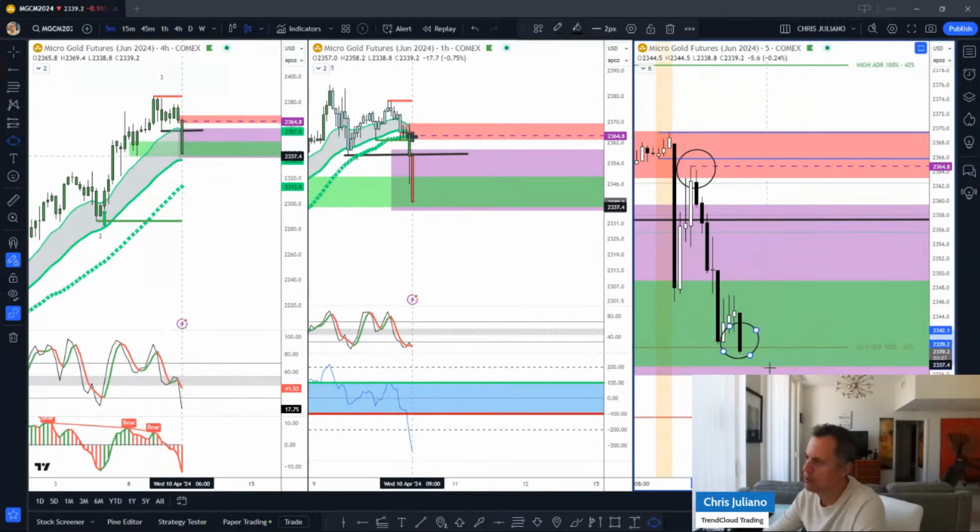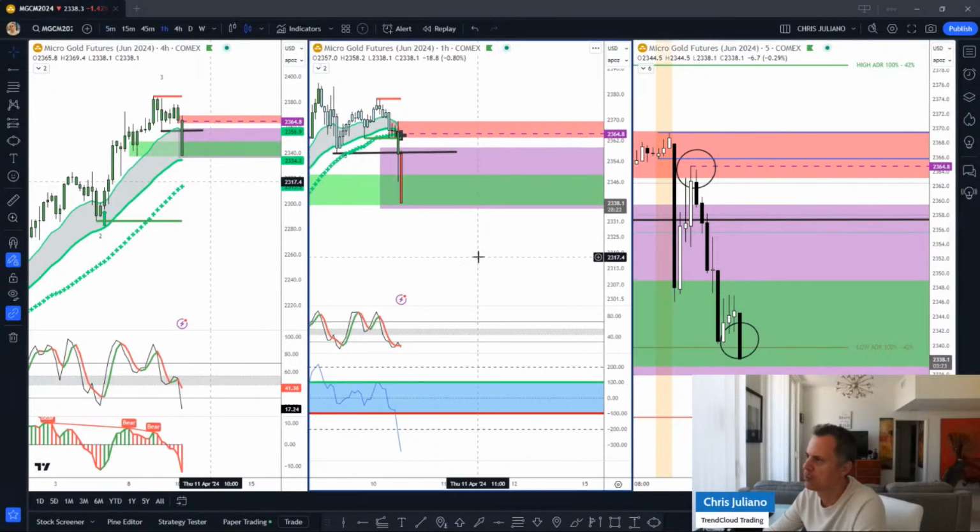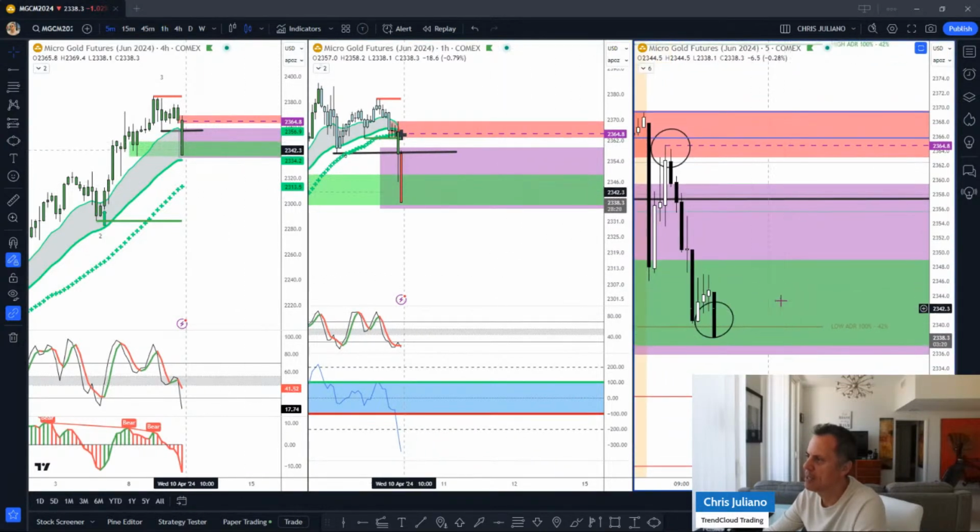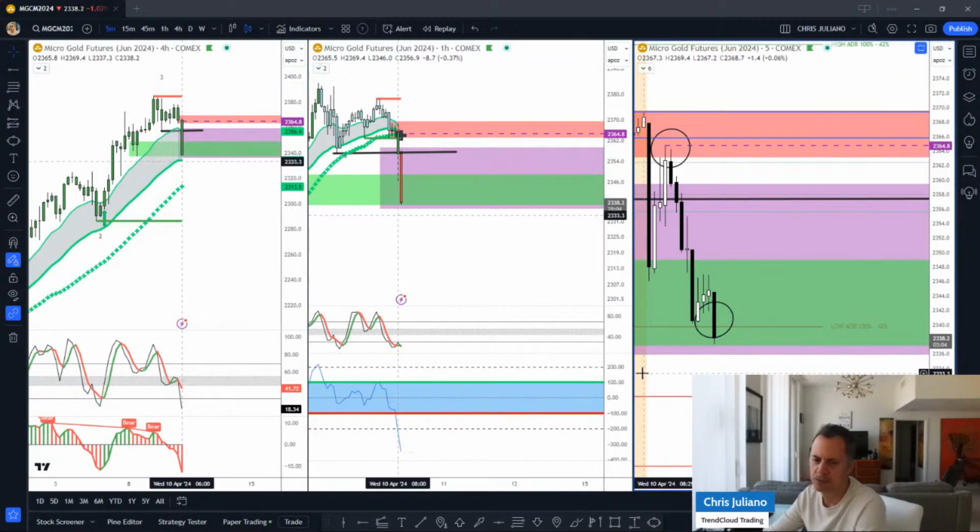When we were looking at this, we were saying, "Oh wow, yeah, that's a demand zone with an ADR checkpoint. Why don't we just buy it right here?" Because of this, right? You've got a ton of momentum against you.